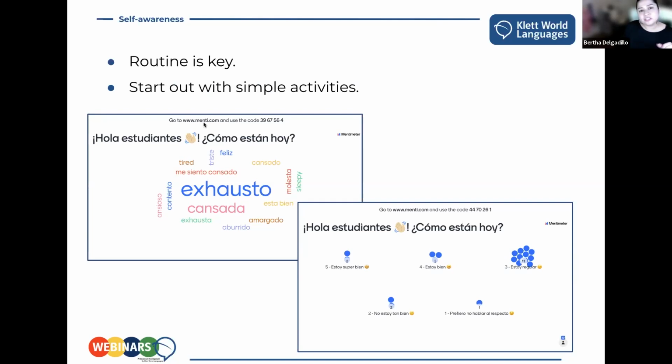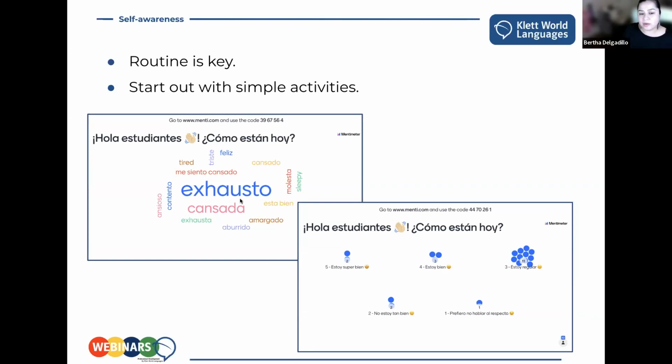There's a free version, and the only bad thing about the free version is that it gives you limited slides, so you have to delete slides. And this specific activity is one of my examples for my activity in the morning. I want my students to tell me how they're doing, and they just go into menti.com, put the code in, and then type their emotion words that come to mind.